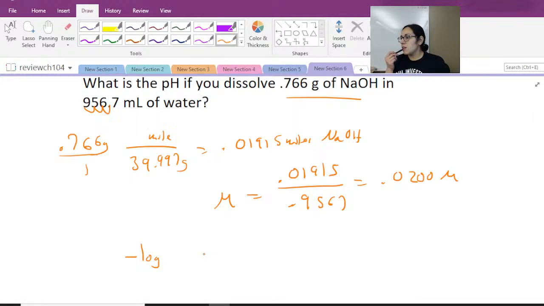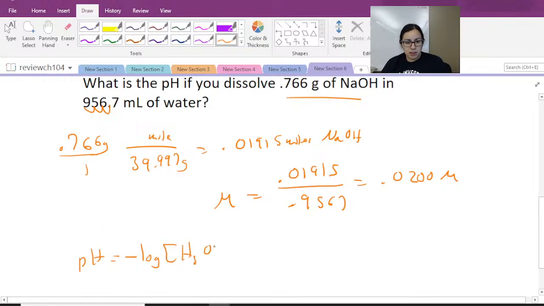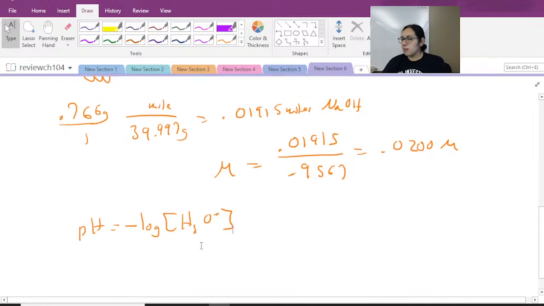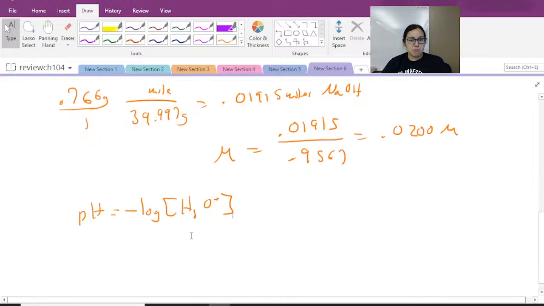P what? pH, but we can't just plug this into pH, right? Because pH is a negative log of hydronium, we said. But right now we have hydroxide concentration. Well, what's a pretty similar looking formula? Yeah, pOH.